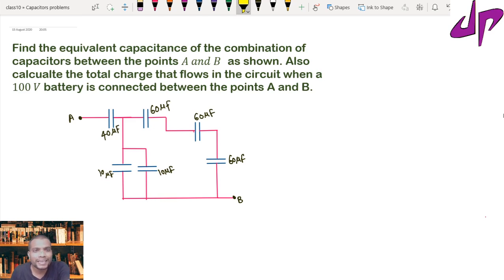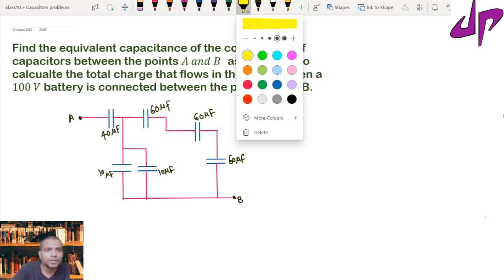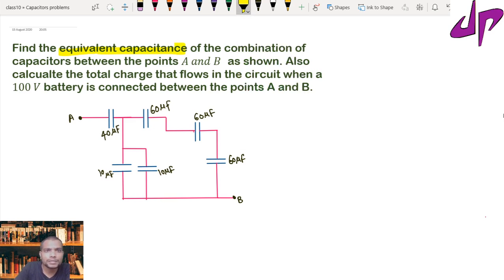So given a network, a combination of capacitors, or you can take that as a circuit, we need to find out first the equivalent capacitance of all these capacitors. Whenever we try to solve these problems, try to reduce the circuit.